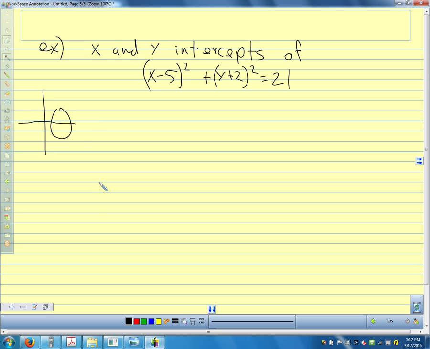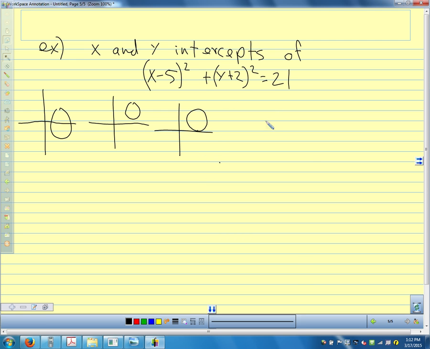We could possibly have 2 x-intercepts. What's another possibility? 0. Our circle could look like that. Do we have another possibility? 1. If our circle looked like that and touched the axis. And the same is true for the y-intercepts. I could have 2, 0, or 1 y-intercept.